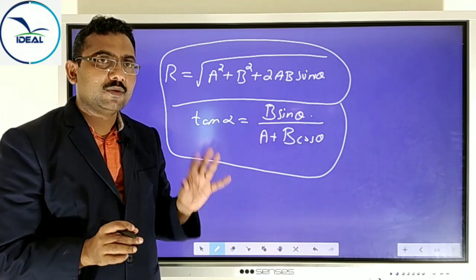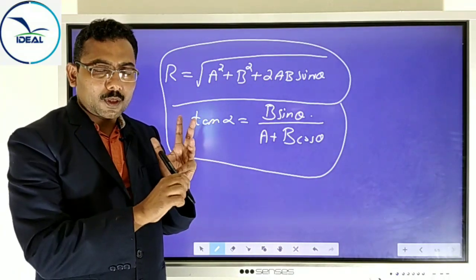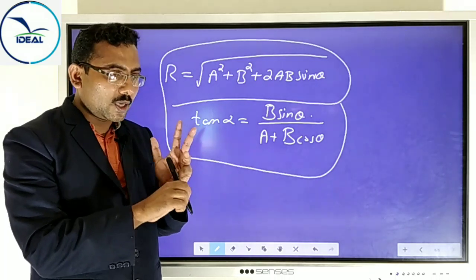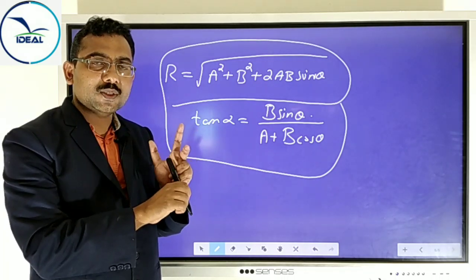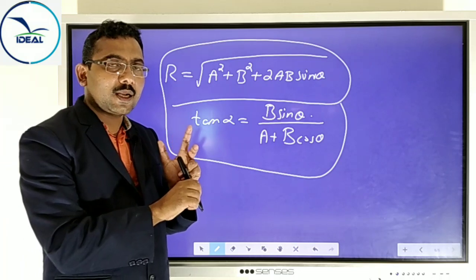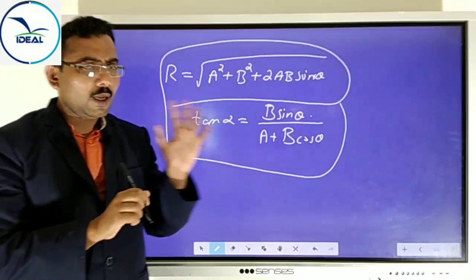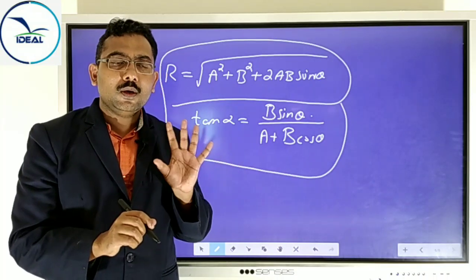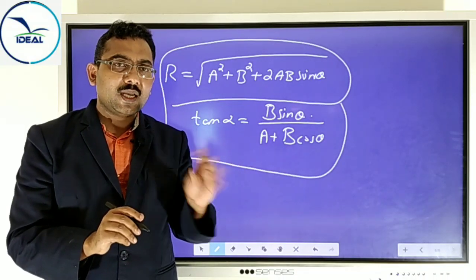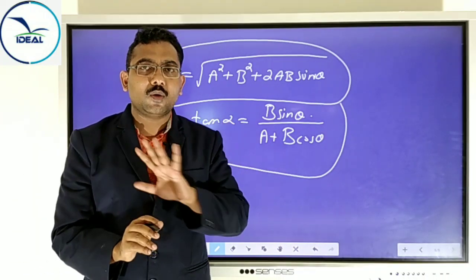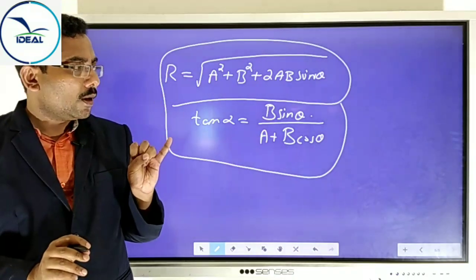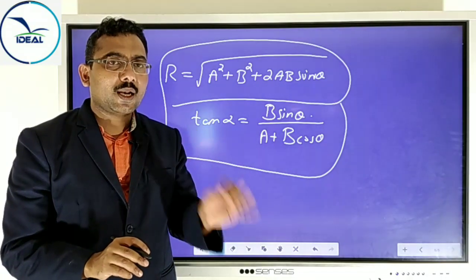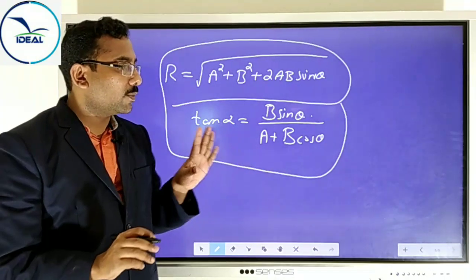In projectile motion, we note what is horizontal and what is vertical. Horizontal velocity is constant, vertical velocity has uniform acceleration g, and at maximum height the vertical velocity is equal to 0, not the complete velocity, only the vertical velocity is 0, horizontal velocity is always constant. And you know how to derive time of flight, horizontal range and maximum height.